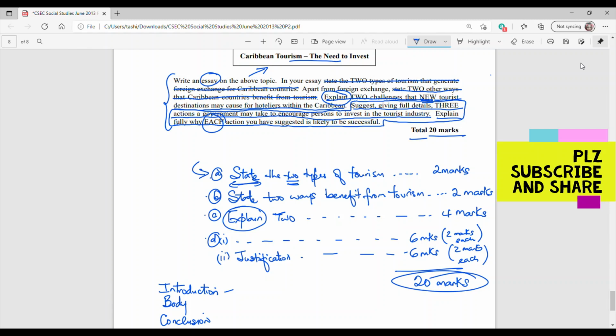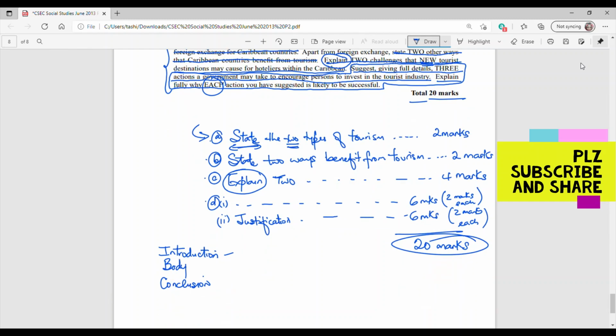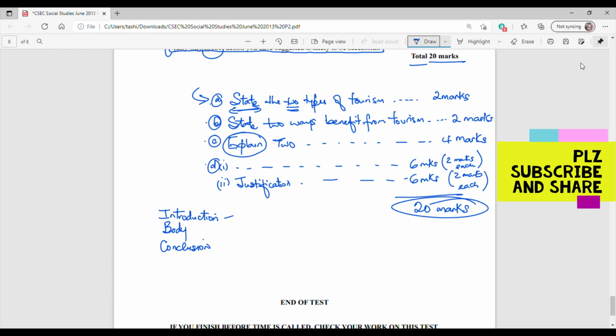So now that we have our topic sentence, we don't have much space, but let us say my topic sentence is that tourism in the Caribbean has, let me say, tremendous potential. I'm just going in my head here, right?